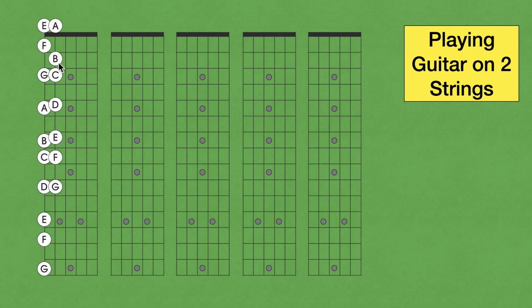And I'll align the rest of these notes here: A, B, C. So when we start on the E string and play along with the A string, these 2 strings are good for playing fifths in the low end, like E and B, F and C, G and D, or even inverse fifths, which are fourths.